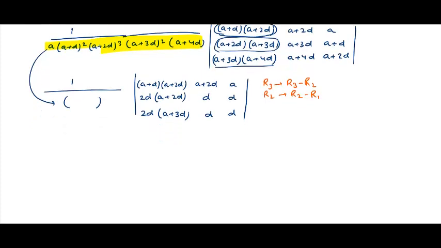Maybe now we can take something common from the third row. So from here I can take d common from this third row, and from the second row also I can take d common.